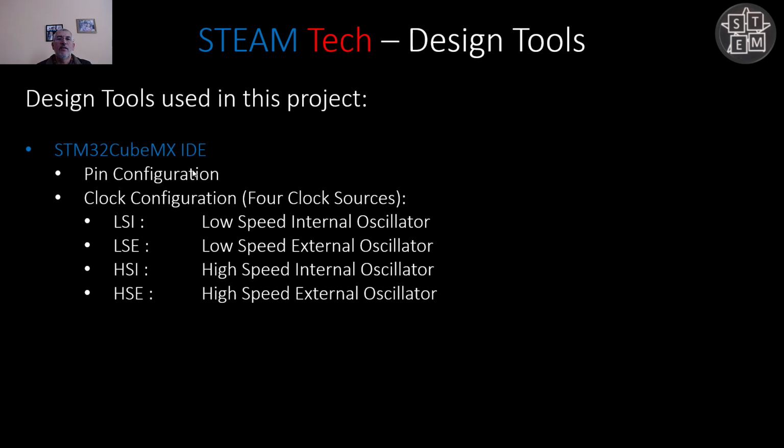So let's look at the tools we're going to be using for this project. We'll be using the STM32CubeMX IDE. This is how we're going to configure the pins and our clock. As you will see, the STM32 uses 4 types of clocks: low speed internal oscillator, low speed external oscillator, high speed internal oscillator, and high speed external oscillator.